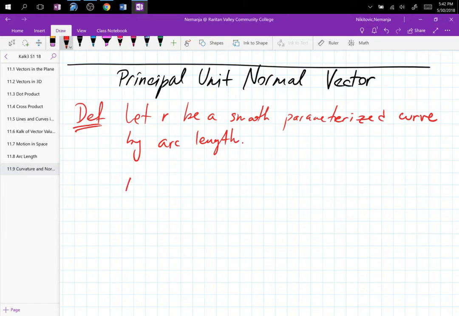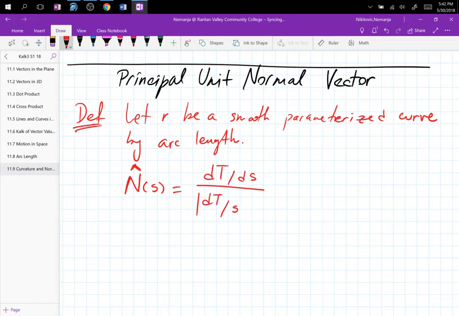Then our normal vector, again there is a hat on it because it's a unit normal vector, is going to be the change in tangent vector divided by the magnitude of the change in the tangent vector, because we are looking for the unit normal.